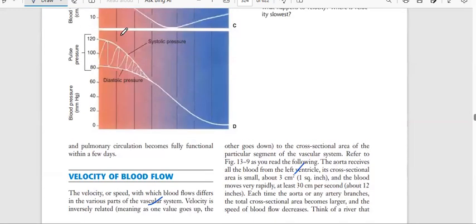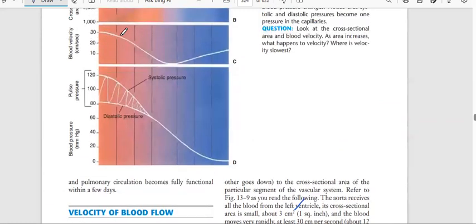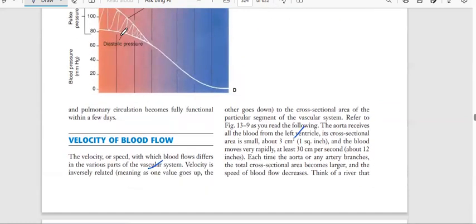So basically, the velocity depends upon the area. It means the speed depends upon the area. So if the artery is big, the velocity, the speed of blood, is slow, because more blood will be there, so it will go slowly. No rush is there.